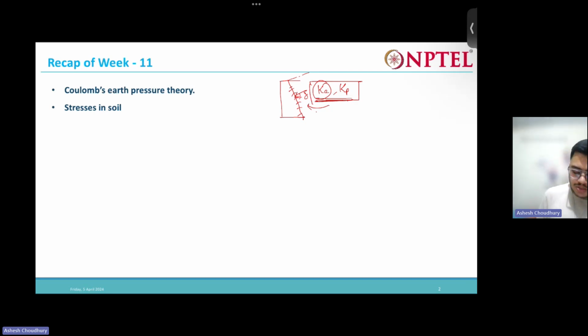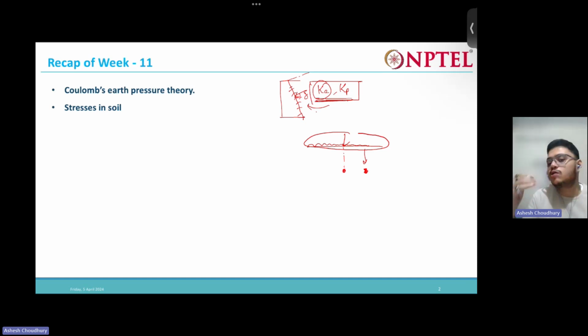Now let us come to stresses in soil. Stresses in soil means what? Say you have the soil, and at the surface of the soil you have some kind of loading. How can we get the stress at any point, at any depth below the surface, due to this applied external load?